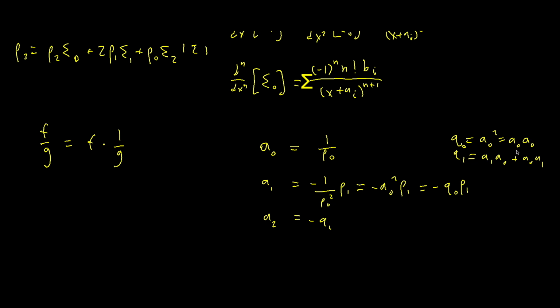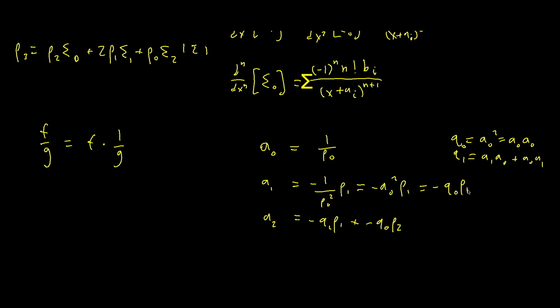So we can always calculate the next row of q right after we've calculated the last row of a. So we get negative q1 p1 plus negative q naught p2.